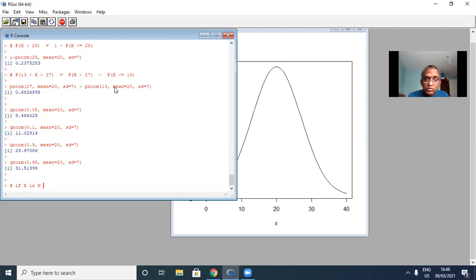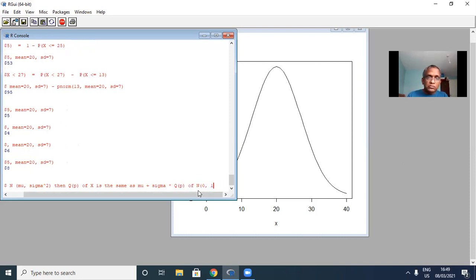If x is normal with parameters mu and sigma squared, right, then Q of P of x is the same as mu plus sigma times Q of P of the standard normal distribution.